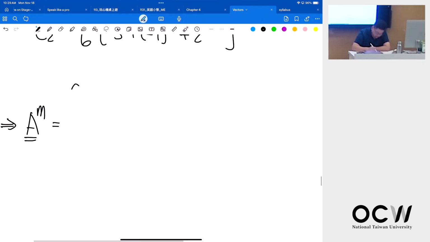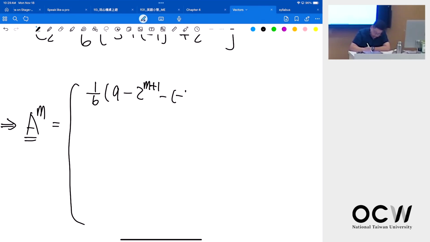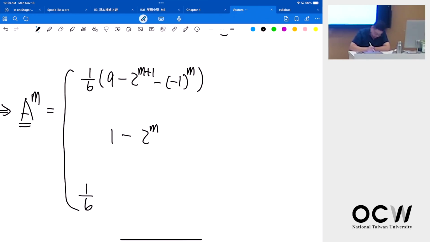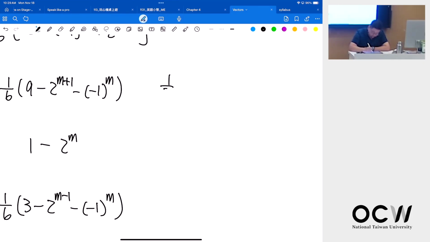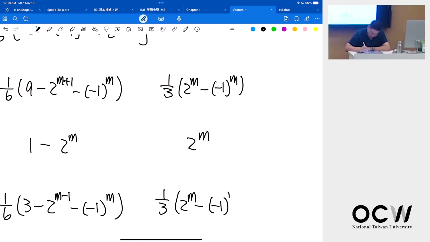A to the m is 1/6 times 9 minus 2 to the m plus 1 minus minus 1 to the m, then 1 minus 2 to the m, then 1/6 times 3 minus 2 to the m minus 1 minus minus 1, and 1/3, 2 to the m, 1/3 times 2 to the m minus minus 1 to the m.